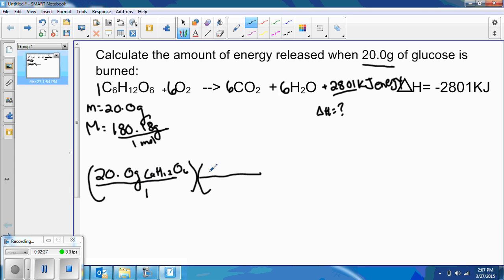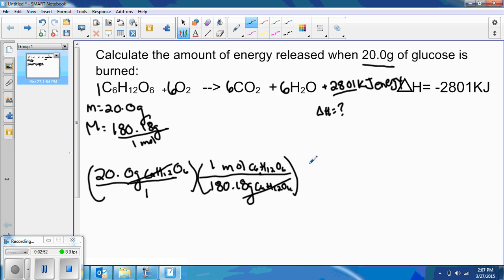To cancel out grams of glucose and convert to moles of glucose, I can use my molar mass. So I want grams in the denominator, so I've got 180.18 grams of glucose per 1 mole of glucose. And grams of glucose are going to cancel here.